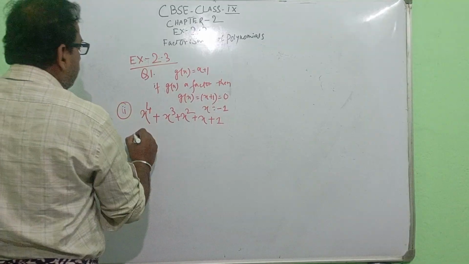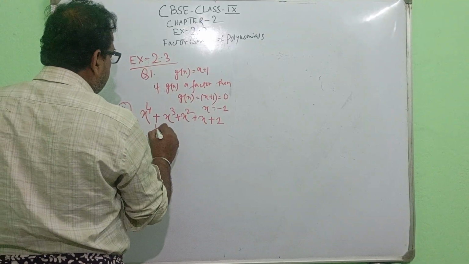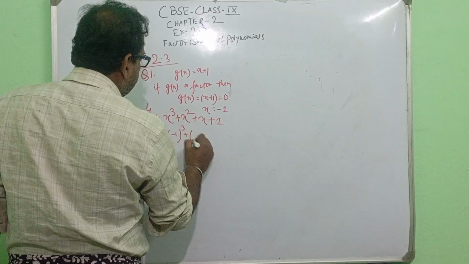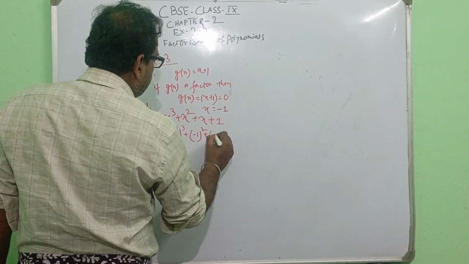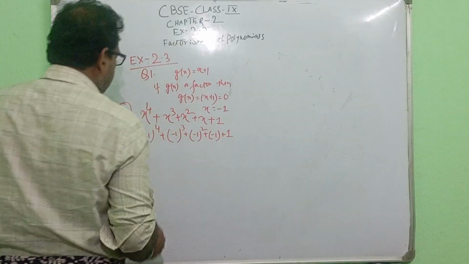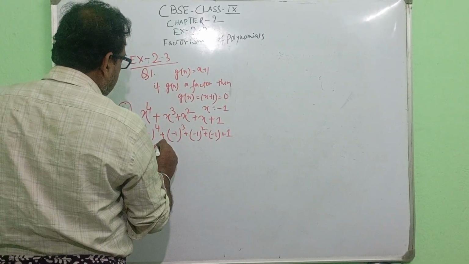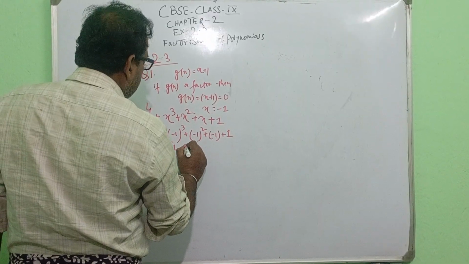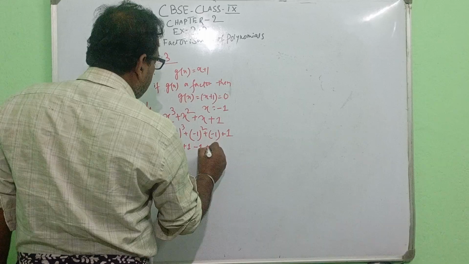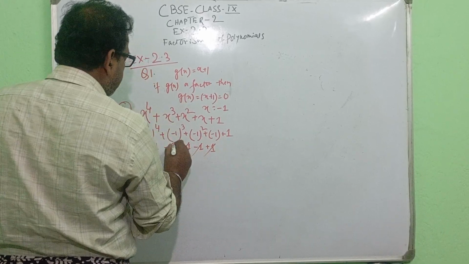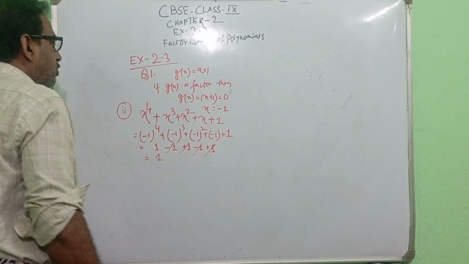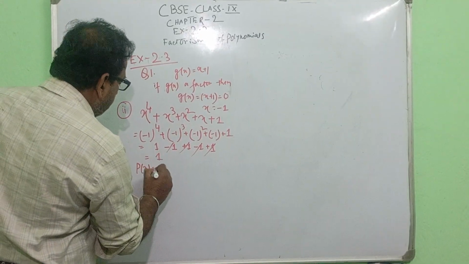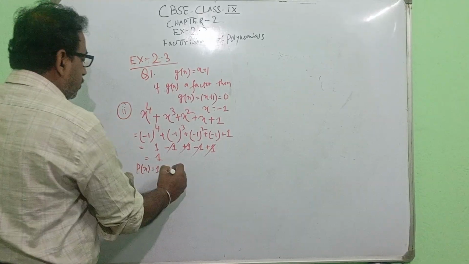So what we have to do is minus 1 to the power 4 plus, this is 1, this is minus 1, this is plus 1, minus 1, plus 1. Value is 1. So that is p(x) is equal to 1. This is not equal to 0.